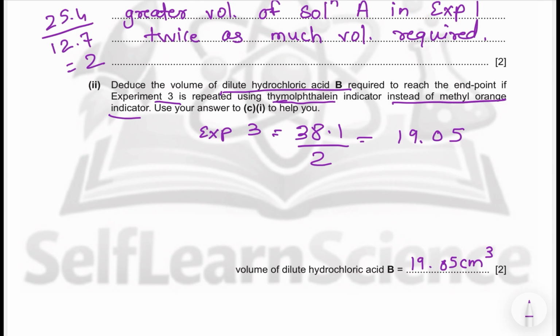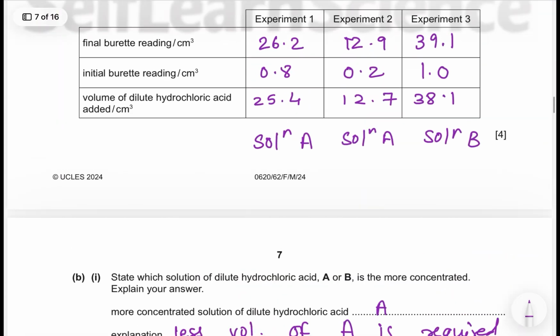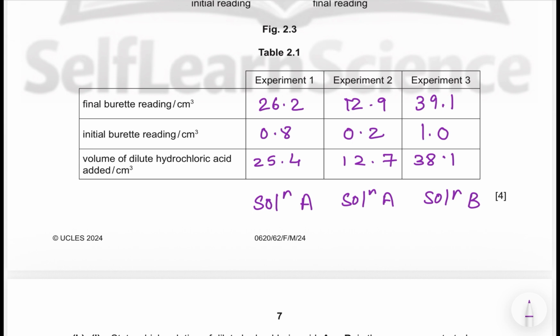Next question. Deduce the volume of dilute hydrochloric acid B required to reach the end point if experiment 3 is repeated using thymolphthalein indicator instead of methyl orange indicator. Now here they are asking that if we change the indicator, what will be the expected volume of hydrochloric acid required. Now, experiment 1 was done with methyl orange, experiment 2 was done with thymolphthalein, and experiment 3 was again done with methyl orange.